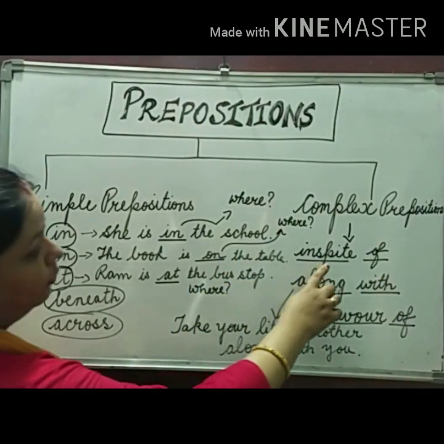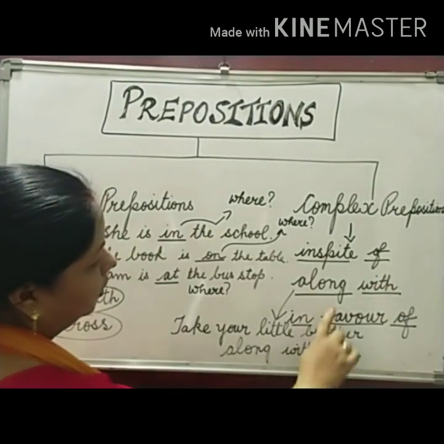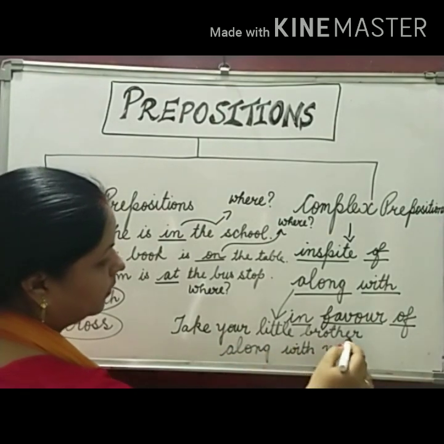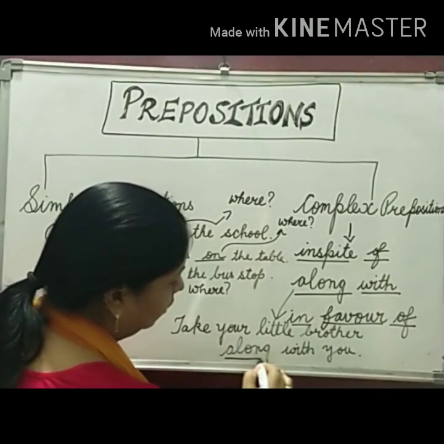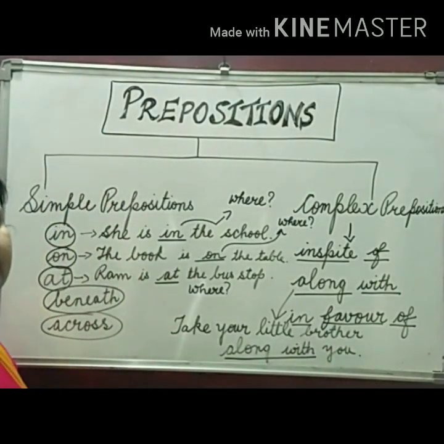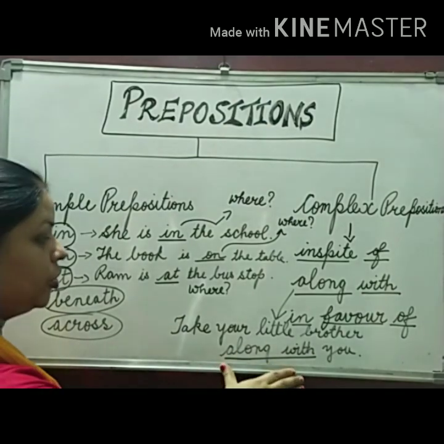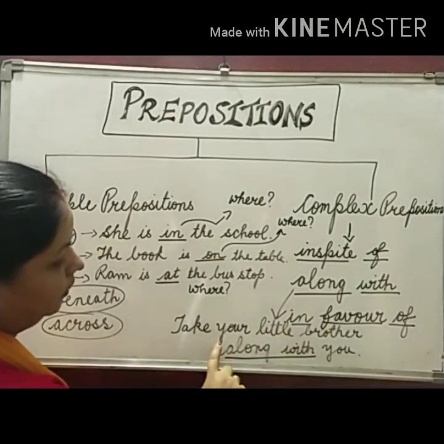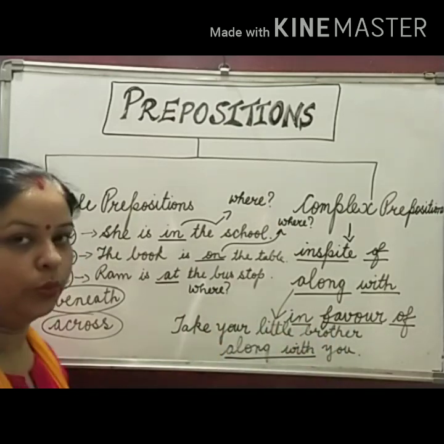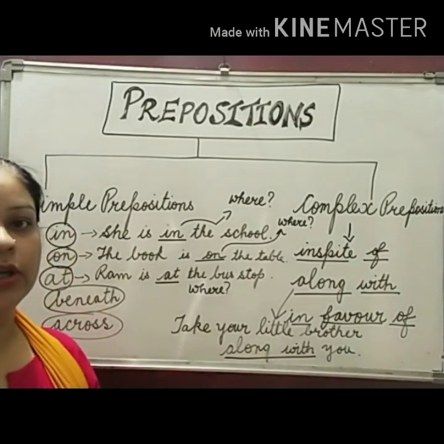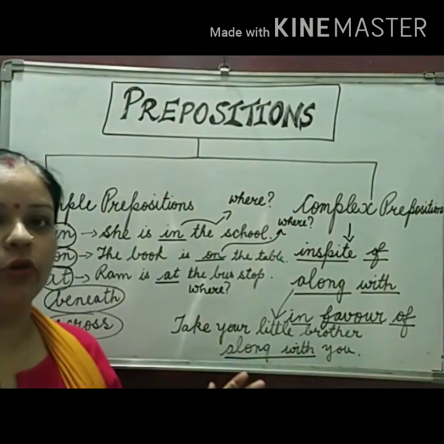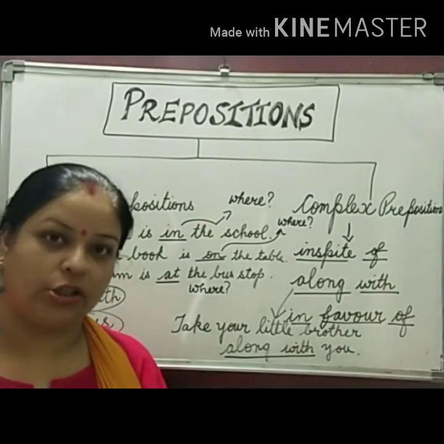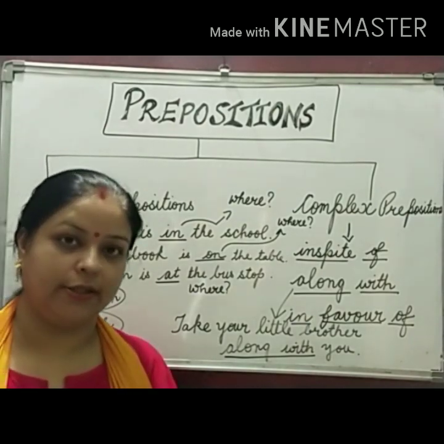One more example of along with is given here as a complex preposition: take your little brother along with you. Here along with is a complex preposition used to show the relation of your little brother with you. So these are two types of prepositions. Now let us study their functions, how they work in a sentence.